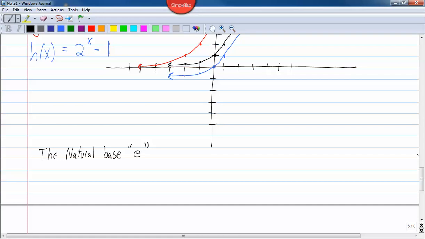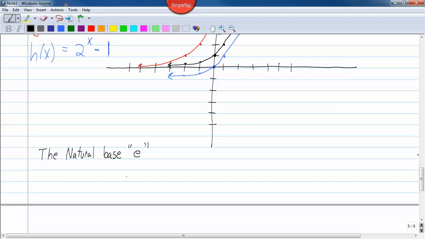Alright, e is the same type of number as pi. It's called a transcendental number because it's actually just a symbol that stands for a number.